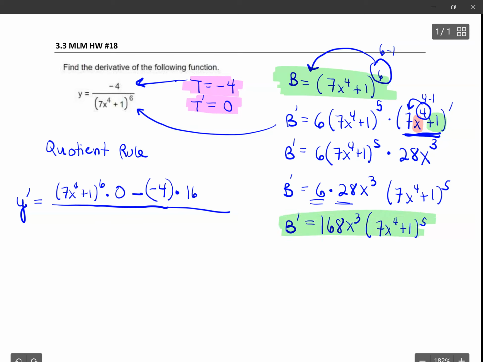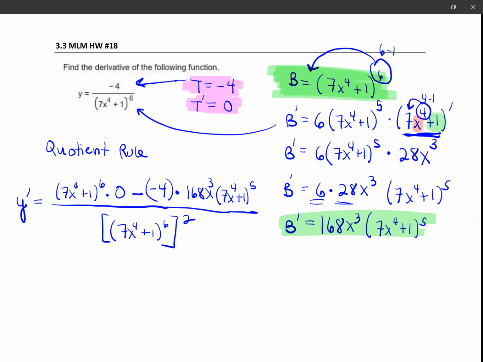That was 168x cubed. My MyLab gave me some yucky numbers this time. All over the bottom, so I'm going back up to rewrite that binomial to the 6th power, and that whole thing is going to get squared.